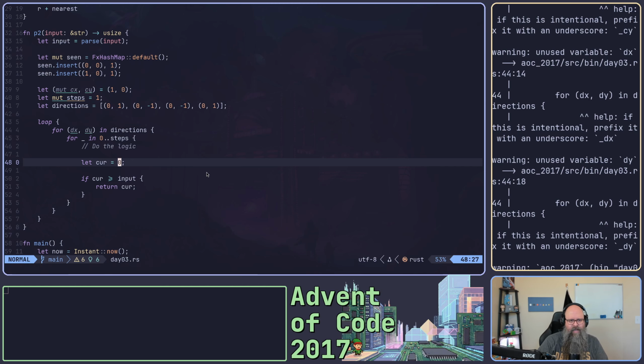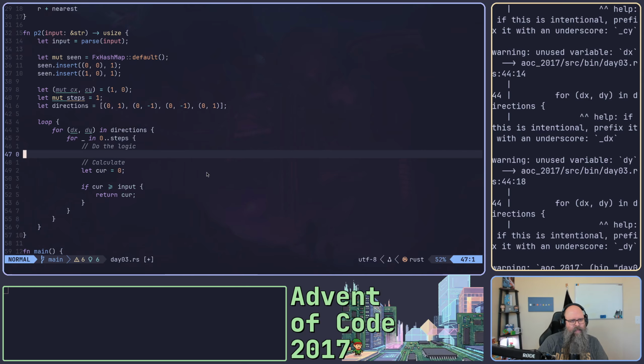So this part's gonna be like calculate. Do I need to enumerate these? So it's like for (i, (dx, dy)) in directions.iter().enumerate().